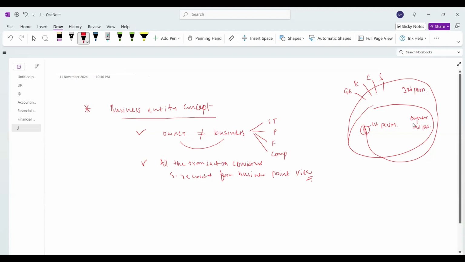And if owner is interacting with the business, in the beginning, if that is the investment, we will record it as equity capital. We will consider common stock.